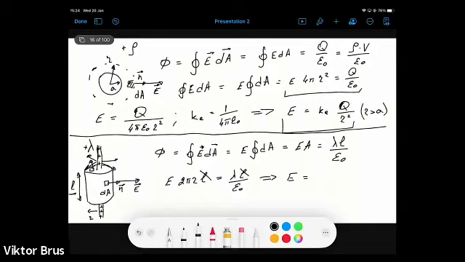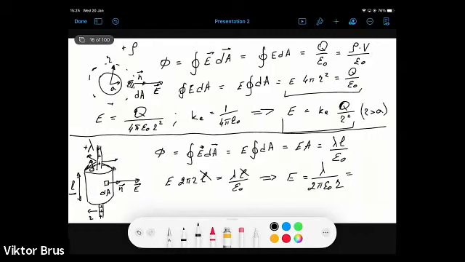We can substitute there any distance where we need to determine the electric field vector. So it will be lambda over 2 pi epsilon 0 r.